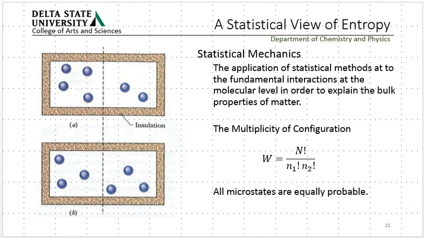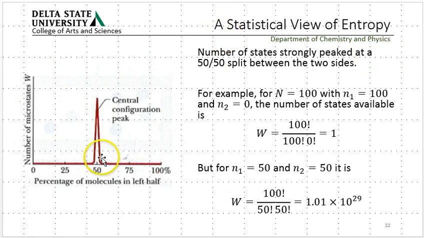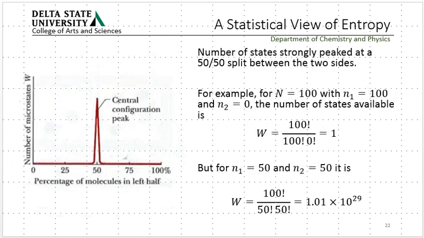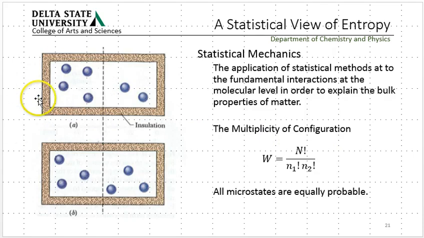Well, if we start looking at that, what we find is that the number of states for even something like N equal to 100 molecules, at the very extreme where all of them have drifted over here and we essentially have none over there, there's only one state for that, because all of them are over here. It doesn't matter if you're swapping them with each other, they're still all over here, so there's just one state.